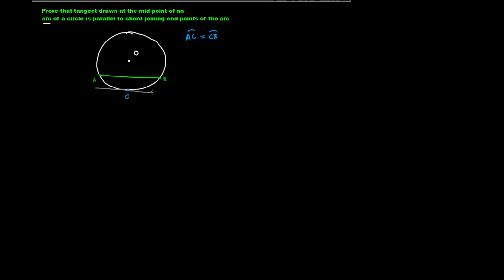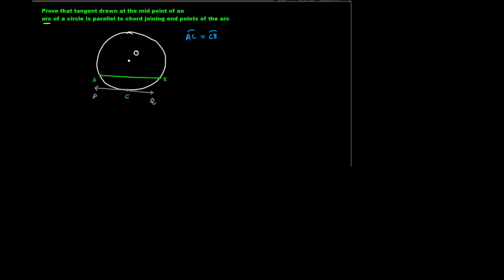I need to prove that this tangent PQ, which I am drawing through C, is parallel to AB. That's what I need to prove, right? So let's prove that. That's my question.